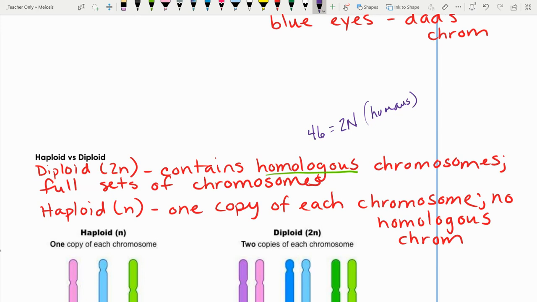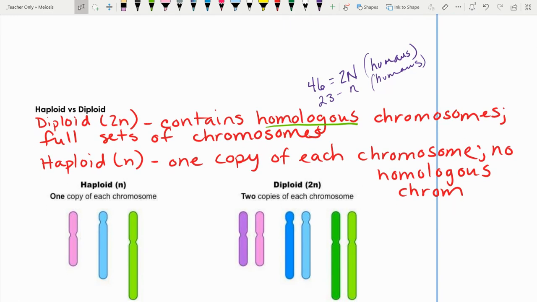Haploid, we just write as N, and that would be 23 in humans. So it's one copy of each chromosome. It's not homologous because you just have the one. Here again, another picture: one copy of each, that's haploid. When you have the two homologous pairs, that's diploid.